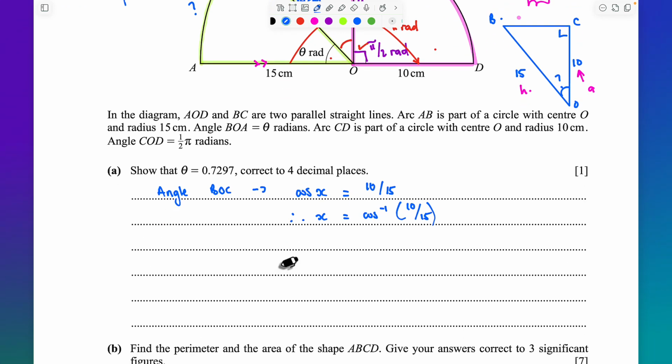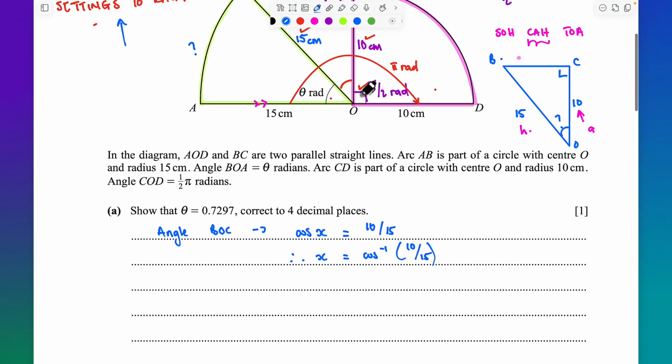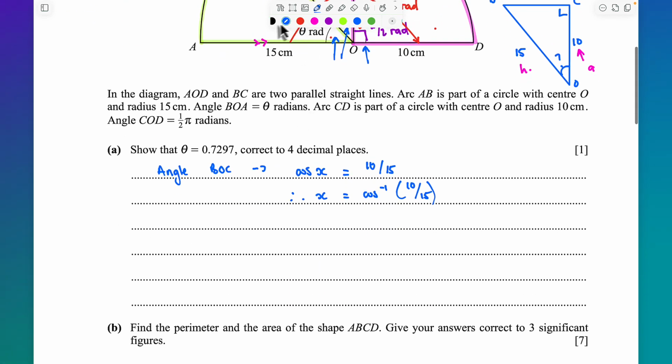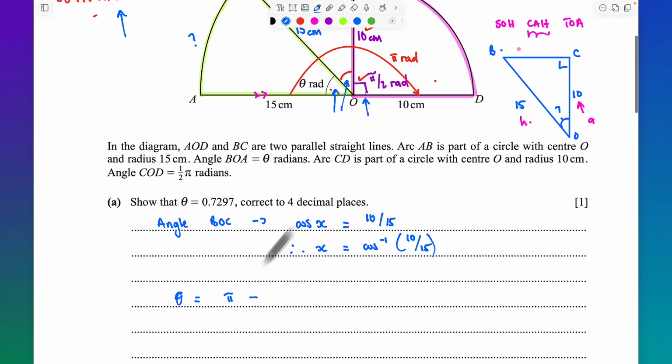So now what we know is, if the total of these three angles, the angle here, the angle here, and the angle here, is 180 or pi, then to find angle theta we can say theta is equal to pi, or 180, minus this first one, which is pi over 2, and minus this second one, which is BOC, which is arc cos of 10 over 15.